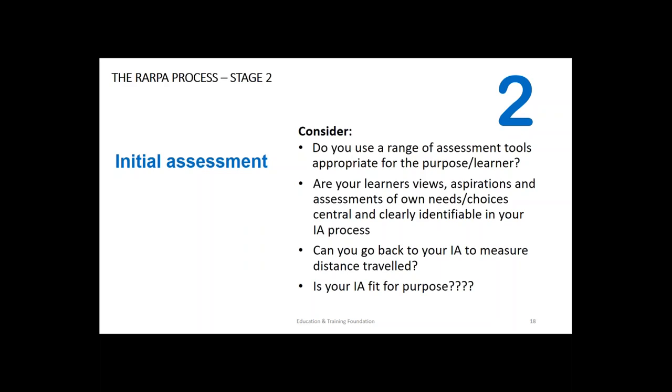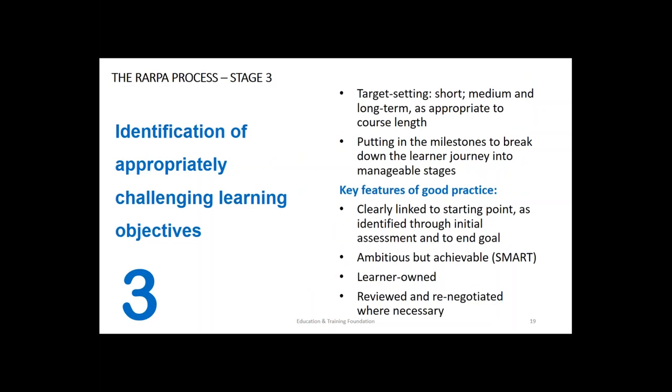So moving back to the next part, identifying appropriately challenging learning objectives. This is all about our target setting, and we've got our long-term targets of where the learner wants to be, which would be perhaps, if I go back to the hair and beauty idea, to be a hairdresser. Our learner wants to be on the hair and beauty course at level 1, and we'd say in 2 or 3 years' time, so that's a long-term goal.